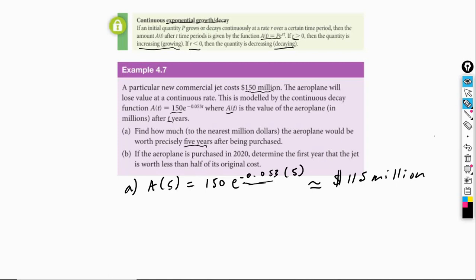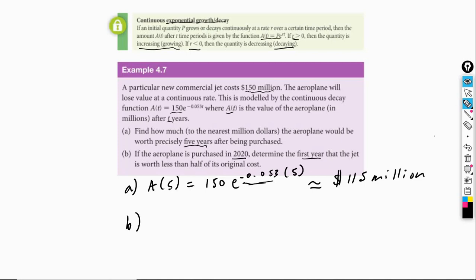So let's take a look at B. And it says, if the airplane is purchased in 2020, determine the first year that the jet is worth less than half of its original cost. Okay, so that means that we have to set up an equation for this and solve for time.